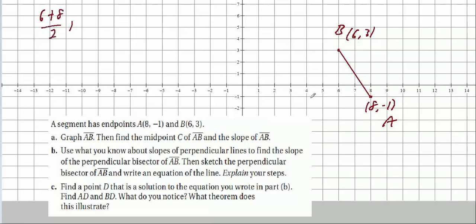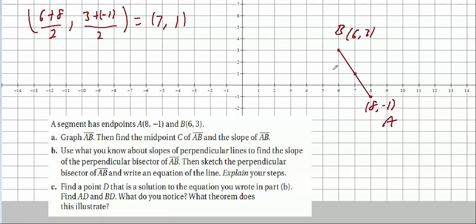The y-coordinate of the midpoint would be 3 plus or minus 1 over 2. And what does this turn out to be? 14 over 2, 7, and 1. So that's right there. And it looks about right to me.